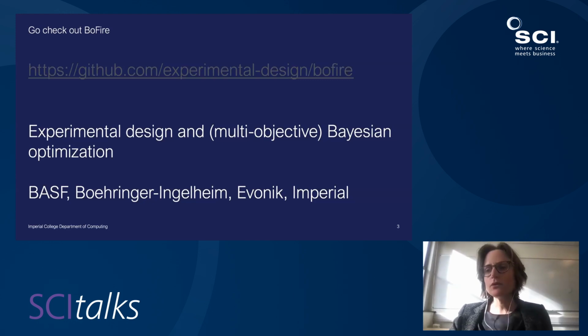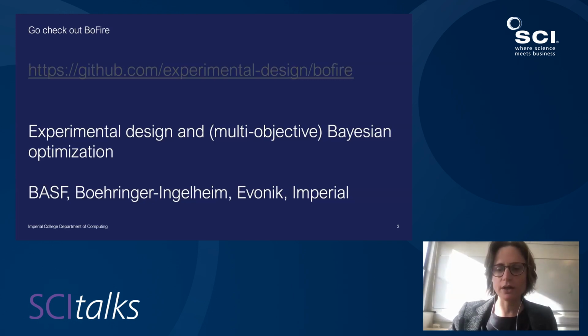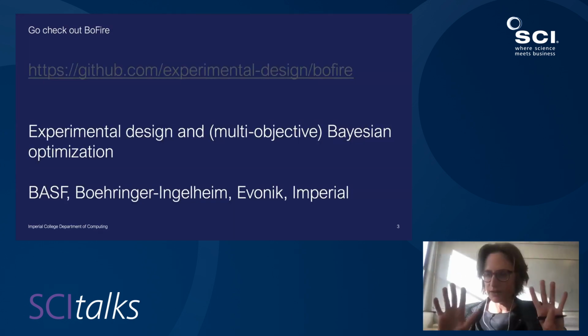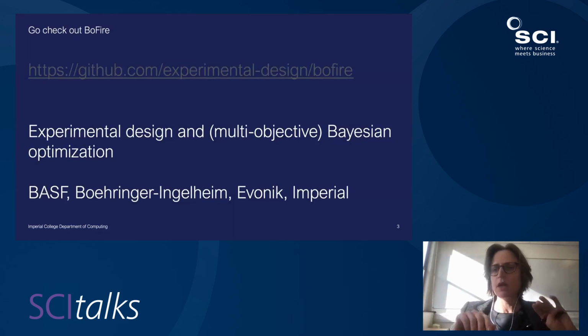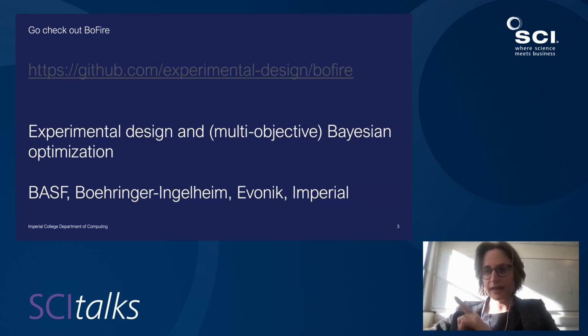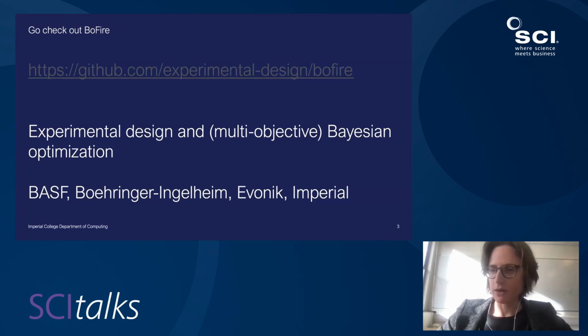Okay, for the first bit of my talk, I will focus on the ideas surrounding Bayesian optimization and design of experiments. And then I will only in the second half or so move into applications that I work on with BASF.